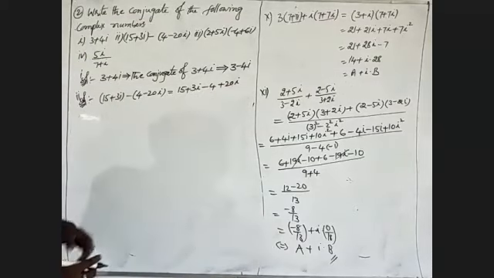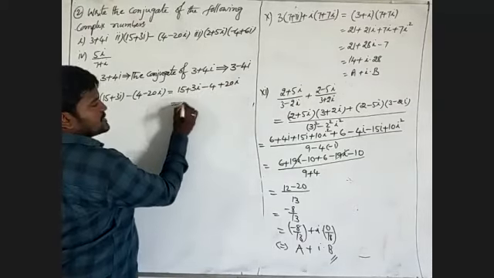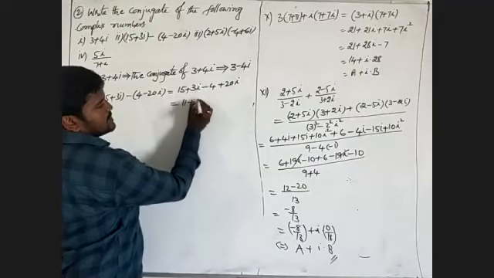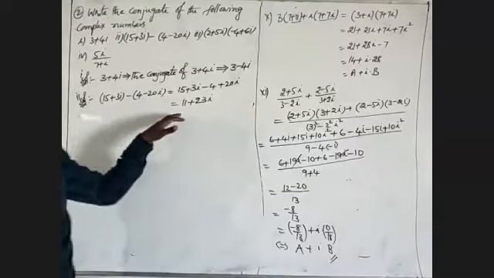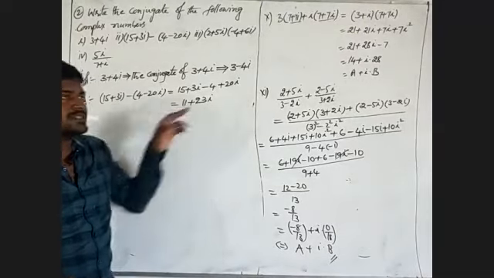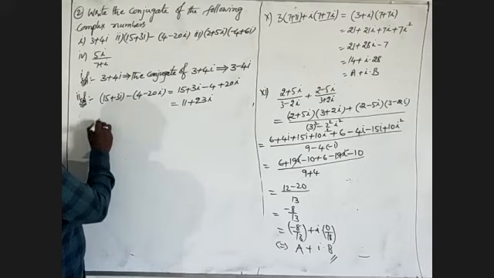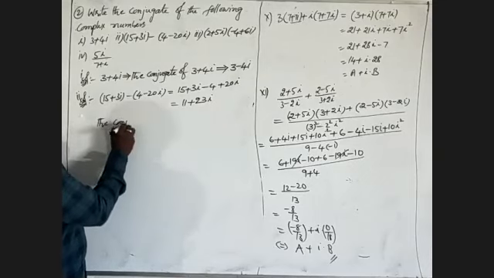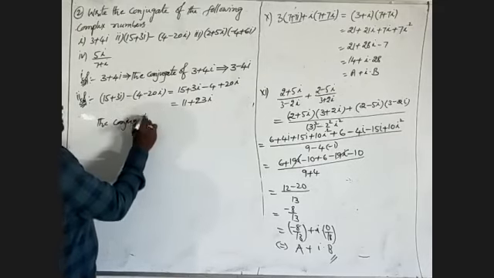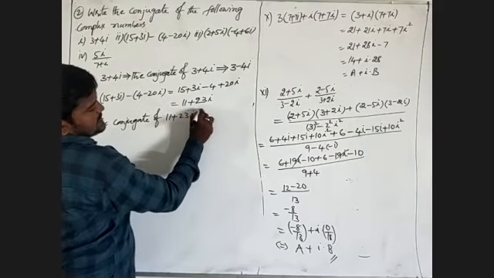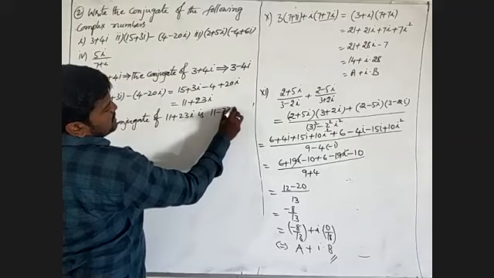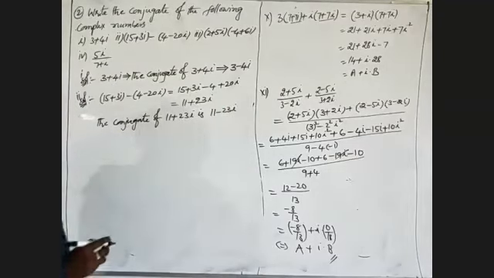That means 15 minus 4 is 11, and 3i plus 28i is 23i. We have to write the conjugate of 11 plus 23i. That means the conjugate of 11 plus 23i is 11 minus 23i. This is the second one.